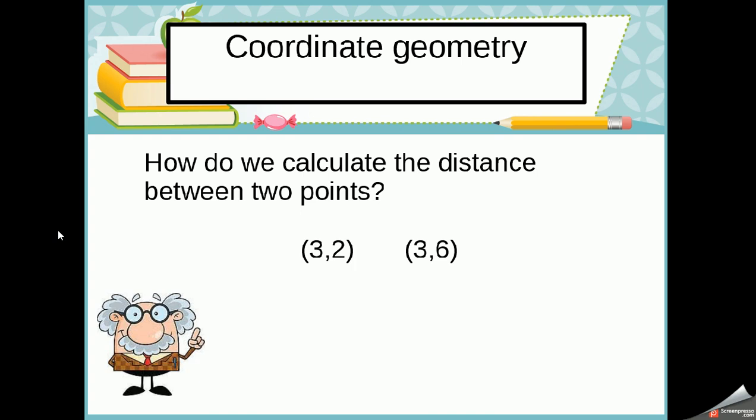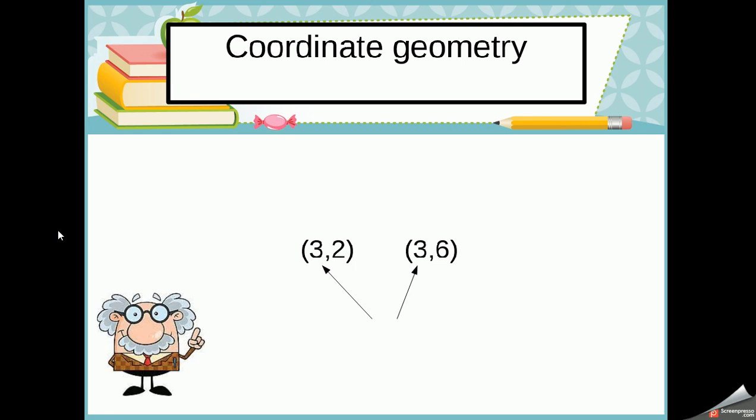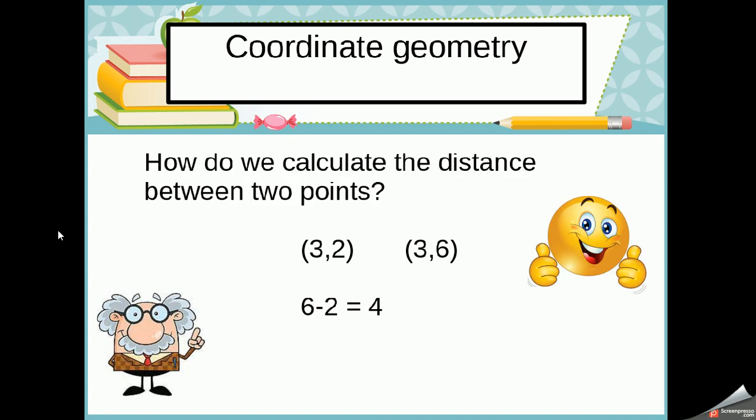Well, here are two examples where we've got x is 3 and y is 2, and x is 3 and y is 6, which is a fairly simple way to work out the distance because the x coordinates are both the same. And keep in mind that the same principle would hold if both the y coordinates are the same.